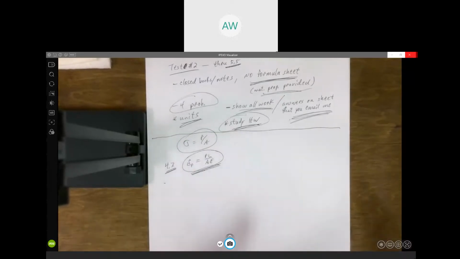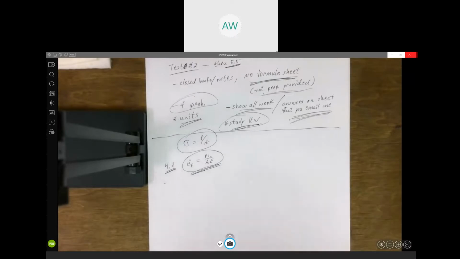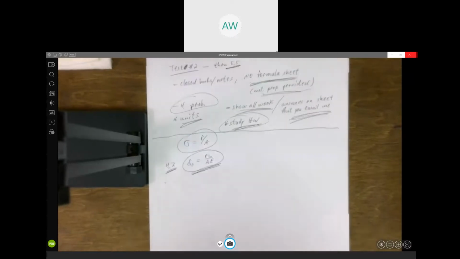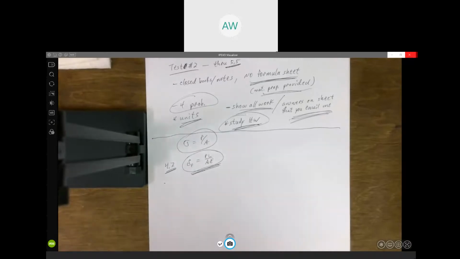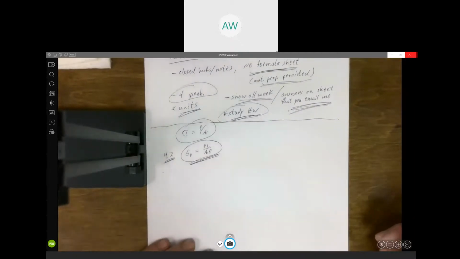And so you had to break it up into pieces and get the deformation of each section. And you would have to add all those up to get the total change if you were asked for that. Any questions from that first section, chapter 4? Taking silence as a no.